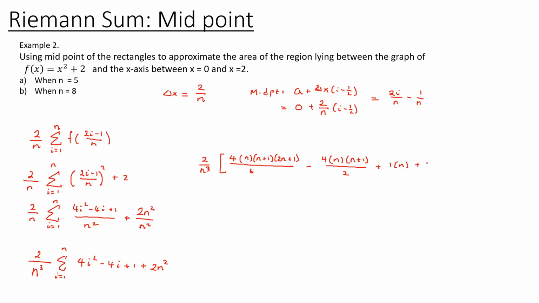Again, 2n squared is a constant, so 2n squared times n. Now we just have to simplify this.